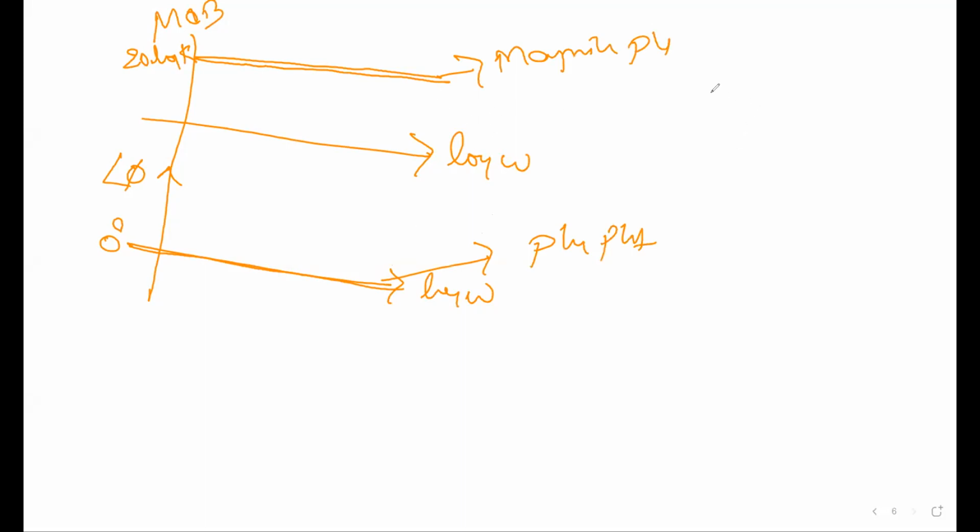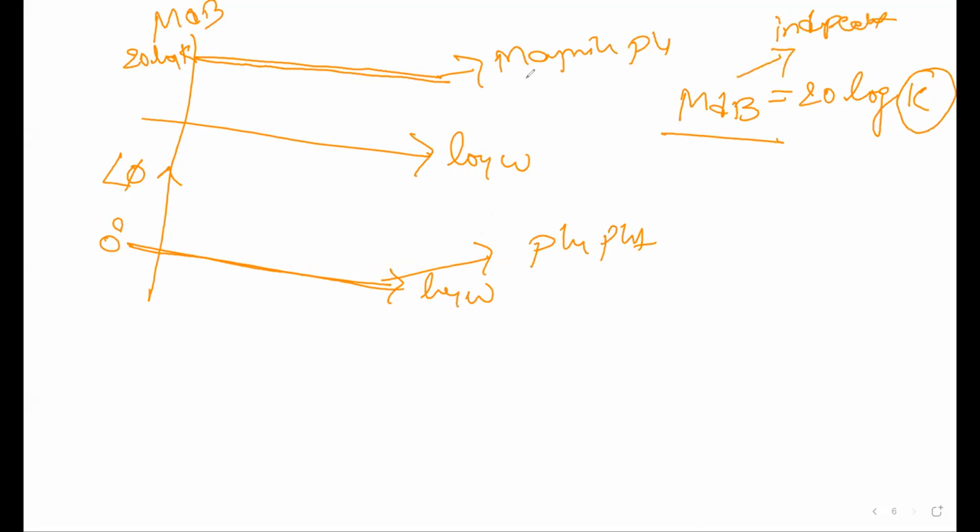So what is the magnitude we have? 20 log k. So the magnitude is dependent on k, but independent of what? Independent of frequency, but dependent on k value.